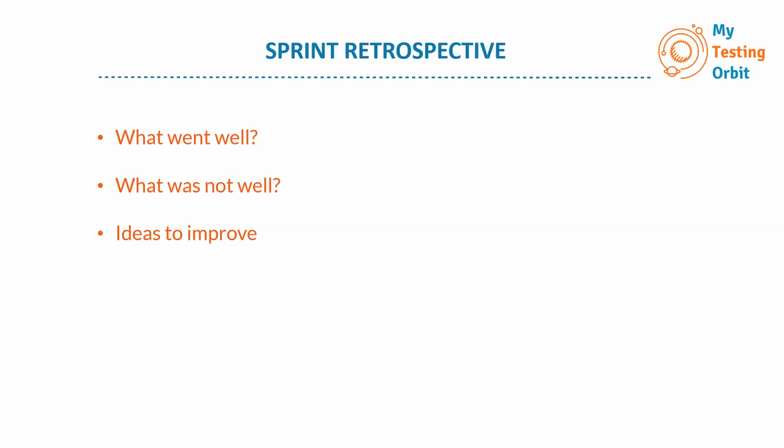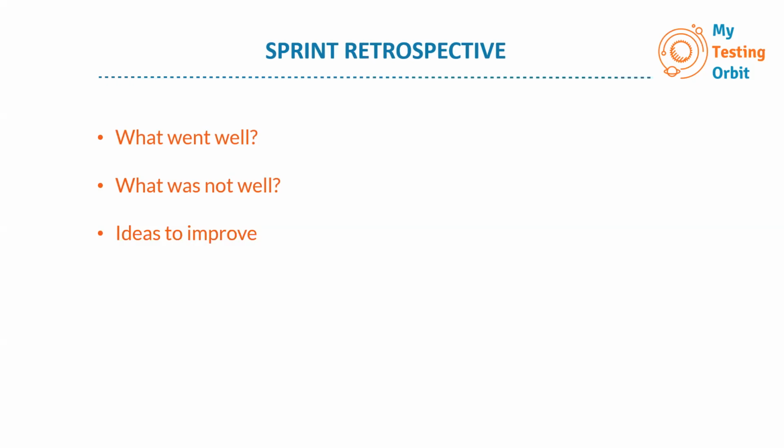Everyone will write their thoughts on the post-it notes, and then on any wall or board, the Scrum Master will draw 3 columns of what went well, not well, ideas to improve, and will stick all the post-it notes in the respective columns. So now everyone's thoughts are there, but no one's name is there.